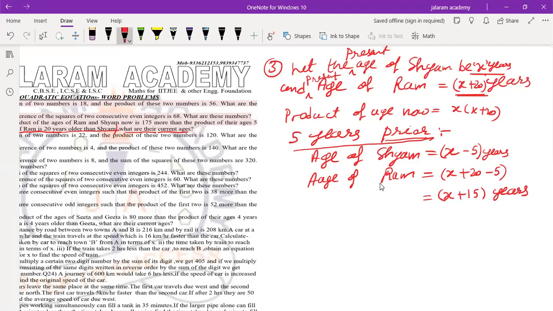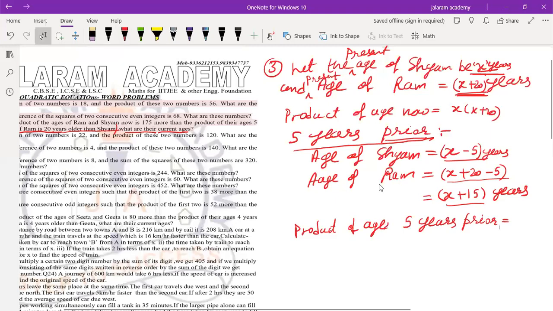So the current age of Syam is X years. Age of Syam 5 years ago is X minus 5 years. Current age of Ram is X plus 20 years. And age of Ram 5 years ago is X plus 20 minus 5, that is X plus 15 years. So what will be the product of ages 5 years prior?